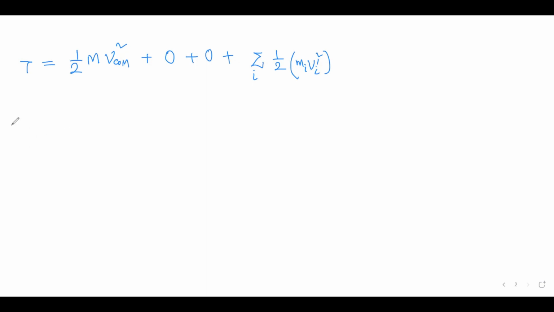Then this means T is equal to half M VCOM square plus the sum over i of half mi Vi dash square.